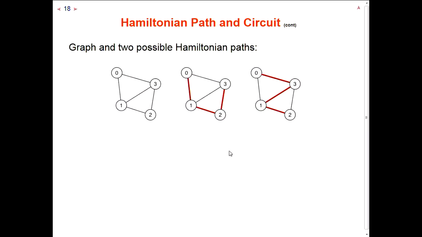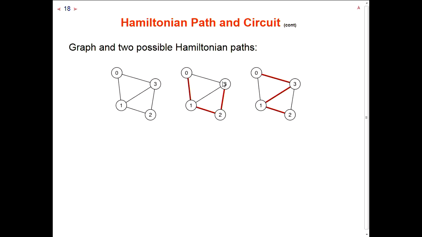So let's look at just a very simple example. We have a graph, and we want to find a Hamiltonian path. You can see that there are actually several paths. Even if we say that we want to go from 0 to 3, there is more than one possibility. We can go 0, 1, 2, 3.